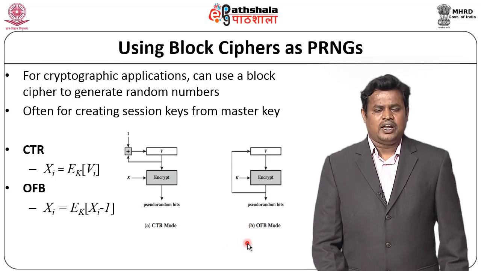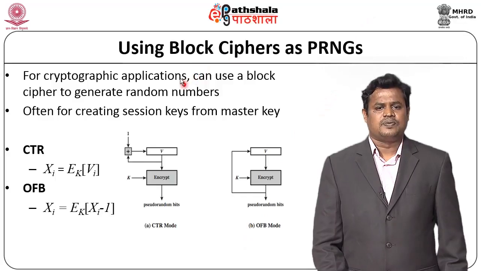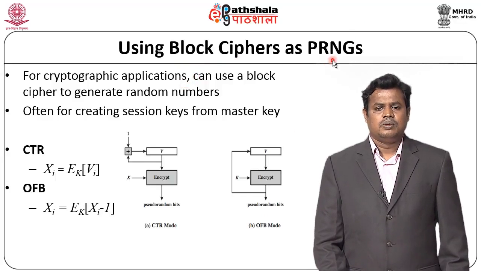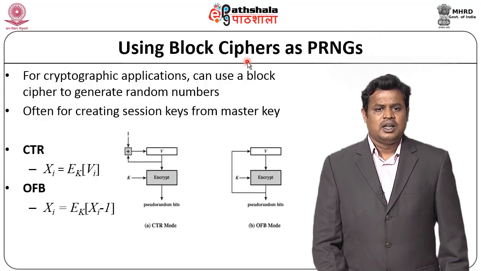So, where does the pseudo random generator come in the case of block ciphers? Not only in the stream cipher, it also plays an important role in block cipher algorithms like DES, AES, triple DES, where we know about the modes of operation.